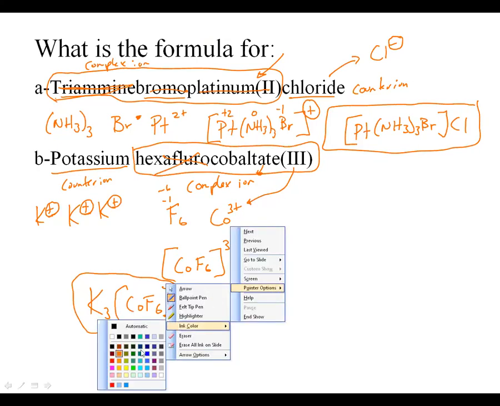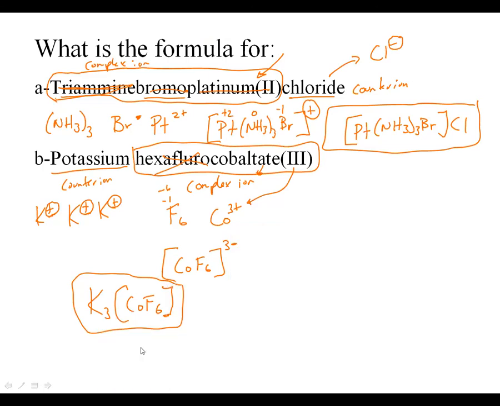While we're here, let's talk a little about coordination number. The coordination number on this one is going to be 3 and 1, so a coordination number of 4 in that case. The coordination number down here is going to be 6.